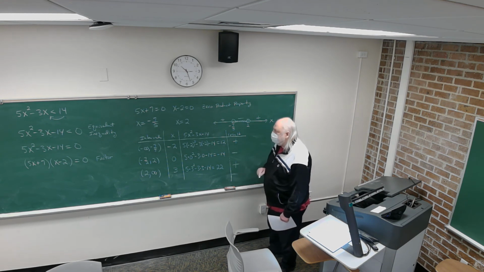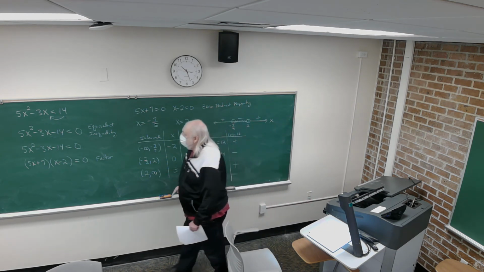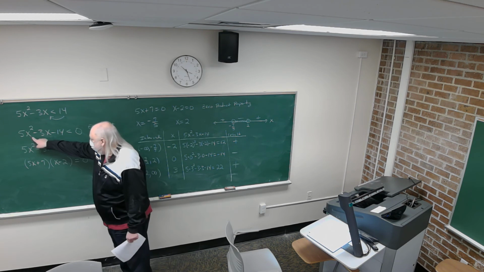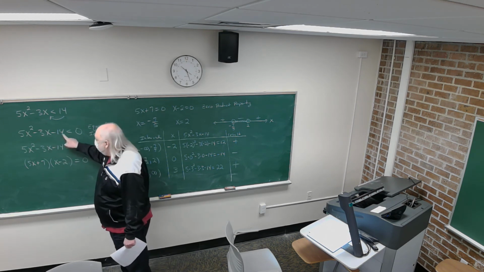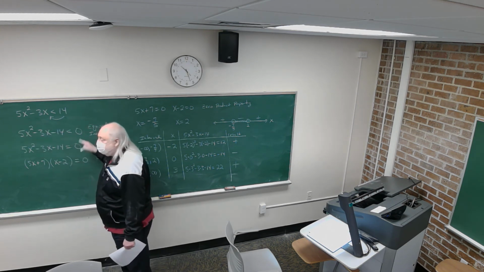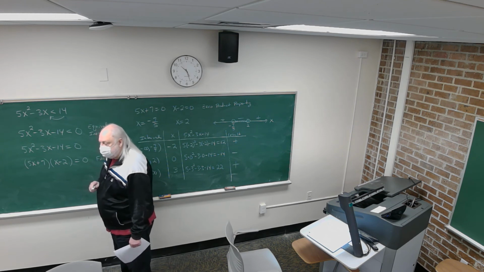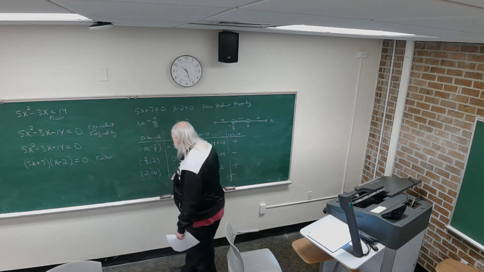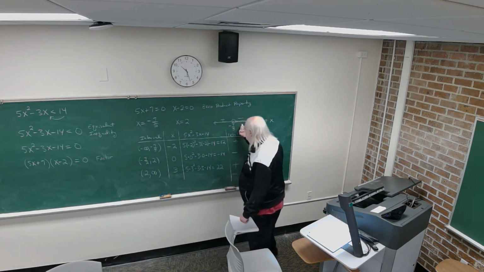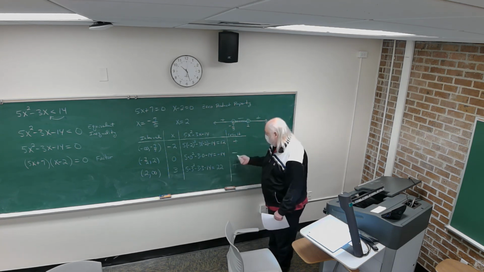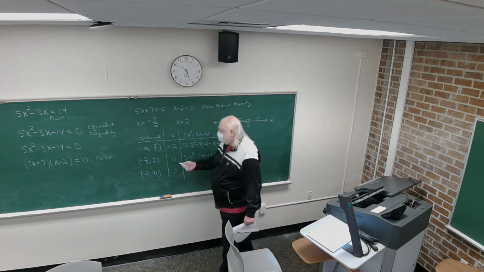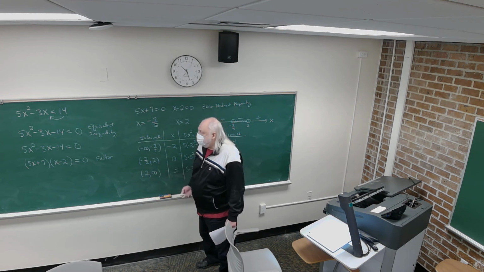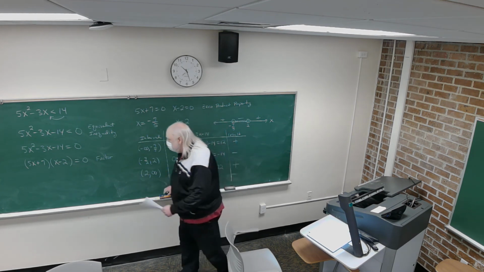So that tells me if I put any number greater than 2 in for x, the value of the left-hand side here would be greater than 0. So those numbers don't work. So the only numbers that work in our inequality are numbers between minus 7/5 and plus 2.